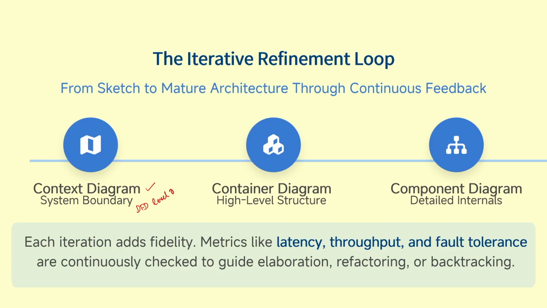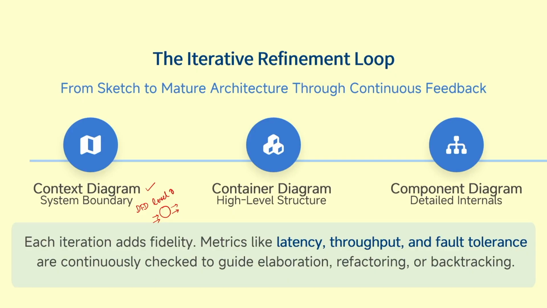In your level 0 DFD, you will have one single process, the set of inputs that this application would need, and the set of outputs that it will produce. So this is all about your context diagram, at a very abstract level, and it just says who all interacts with my system and how the system is going to interact with the external world.